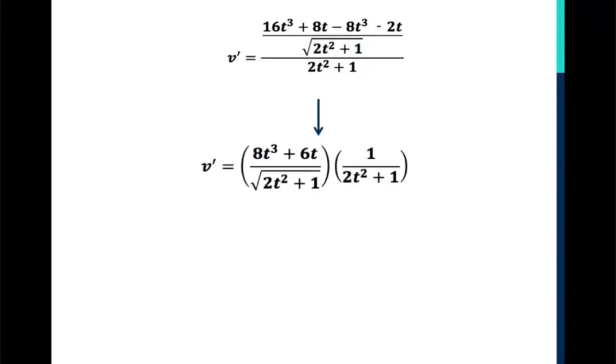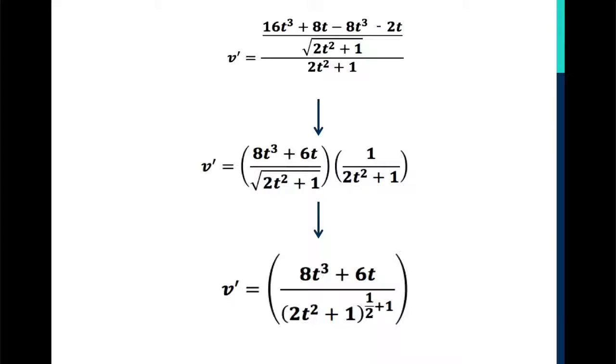So there, we have this equation, and of course we need to simplify it further by multiplying the numerator by the reciprocal of the denominator. So we would get 8t cubed plus 6t all over 2t squared plus 1 raised to 1 half plus 1. Since we can see here that this is actually 1 half, and the exponent of this is 1.